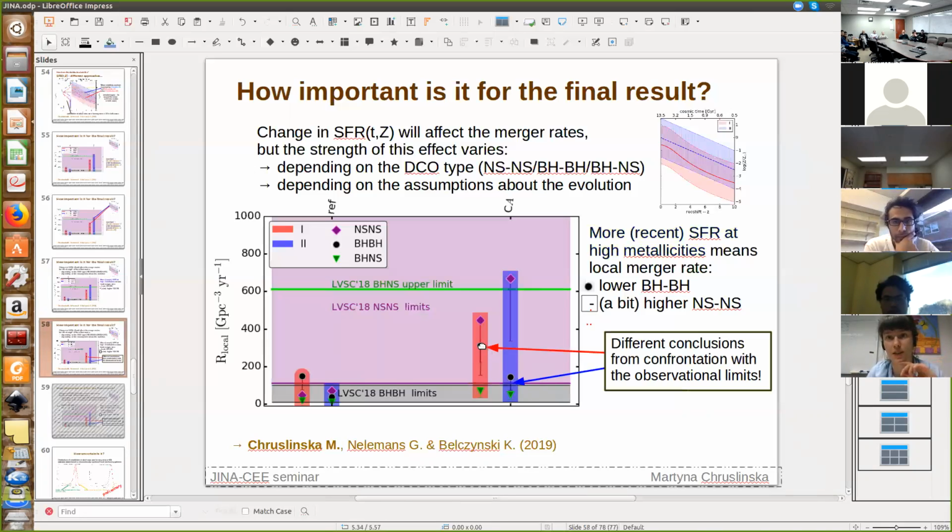So here you can see that even within this error bar, which indicates the uncertainty due to the assumed initial distribution, we are above the limit implied by gravitational wave observations for double black holes. But if we change this distribution of star formation at different metallicities to one that assumes that the mean metallicity is higher, then this agrees with the limits, right? So it's maybe more true in some sense.